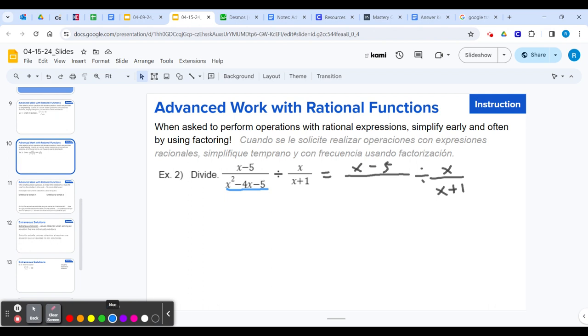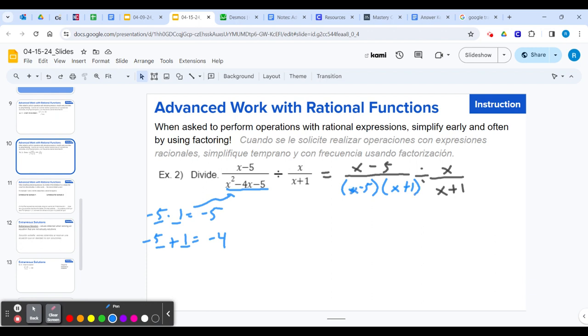And this blue portion here, we're going to multiply to negative 5, add up to negative 4. So we'll have negative 5 and 1 should be the combo that gets us there. So on bottom here, I'm going to have x minus 5 times x plus 1.